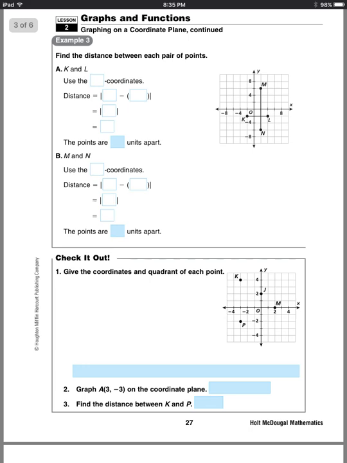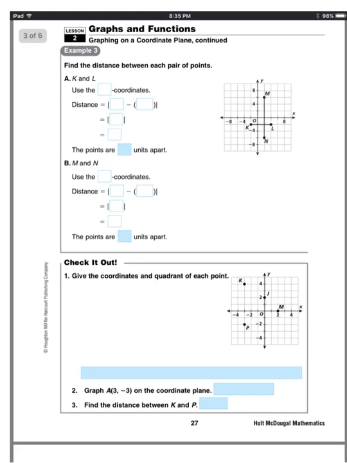Alright, find the distance between each pair of points, K and L. Because K and L run horizontally, we're going to use the horizontal axis, which is the x-axis, so it applies to the x coordinates. Okay?